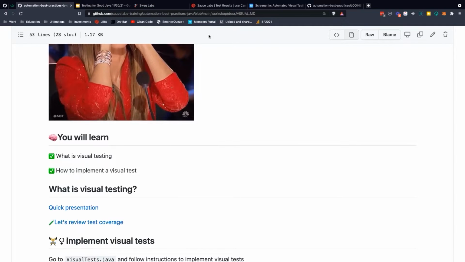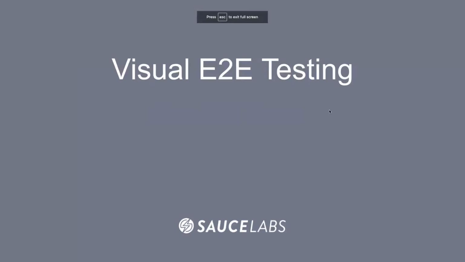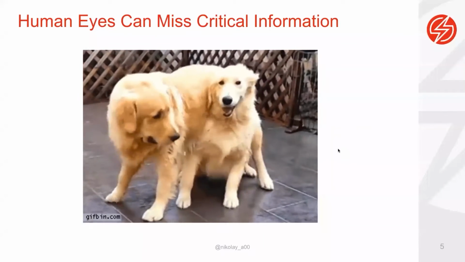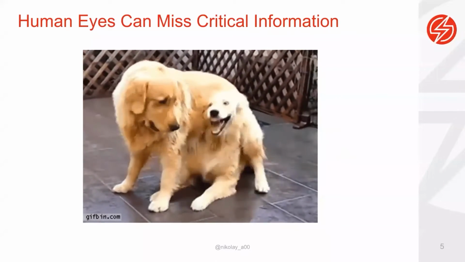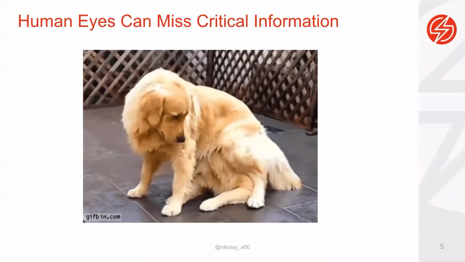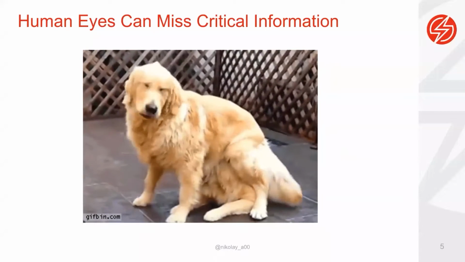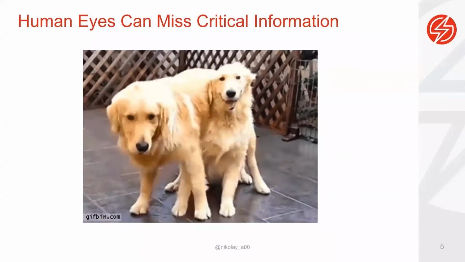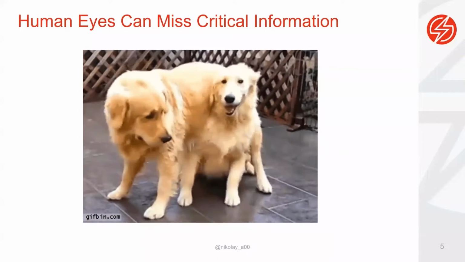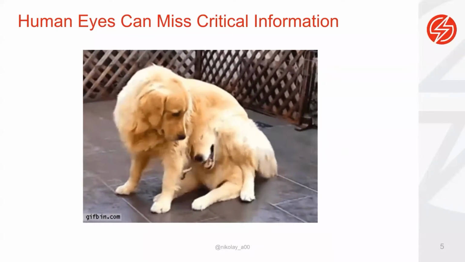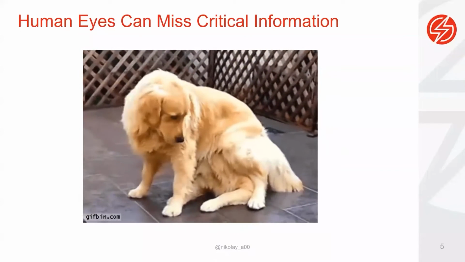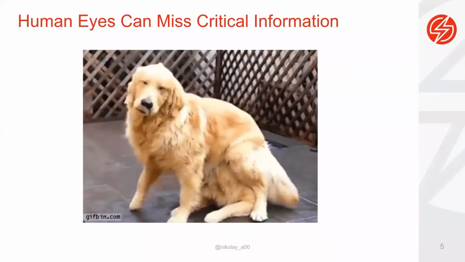So let's quickly go over what it is and how it works. Visual end-to-end testing is based around the idea that human eyes can miss critical information, right? We go into a testing process searching for one thing while potentially not seeing other things.